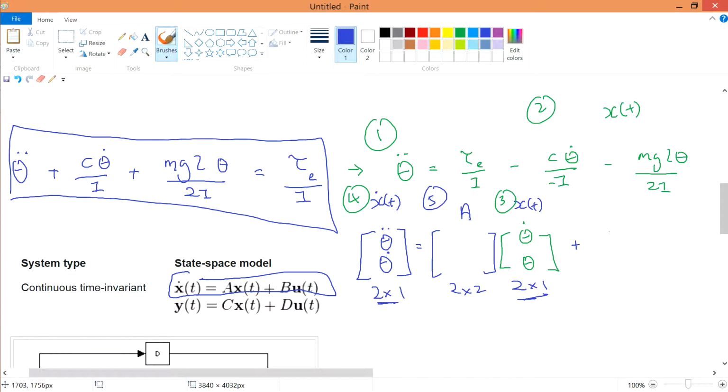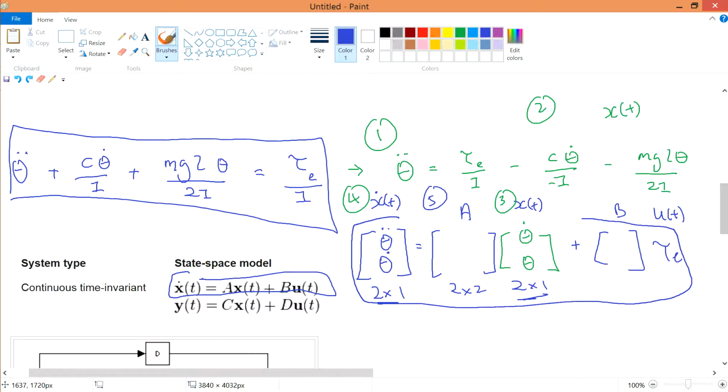And then plus B. In this case u(t) is simply tau e, which is this one. So this state space analysis describes the differential equation over here by breaking it down order by order.